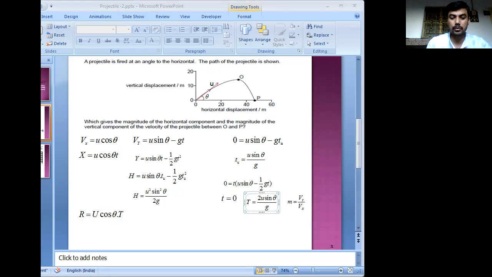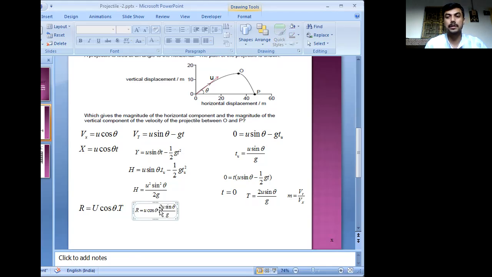If I incorporate that in this expression, then we get something like this. From here we can get the range, the distance along the horizontal direction that any object executing projectile motion travels. So this is the expression of range that we have got.